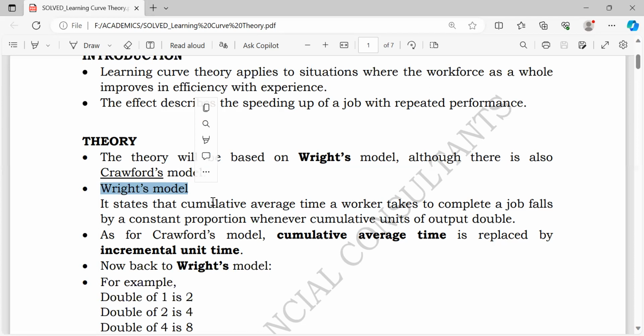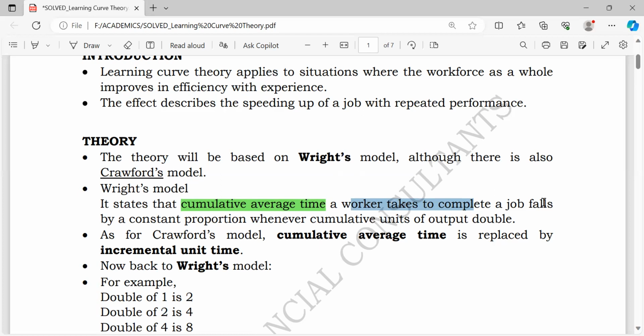It states that, now remember, we are trying to take a look at the relationship between the units produced and the cumulative average time taken to accomplish one product, right? So that's why we are saying that cumulative average time is our first variable. The cumulative average time a worker takes to complete a job falls by a constant proportion.